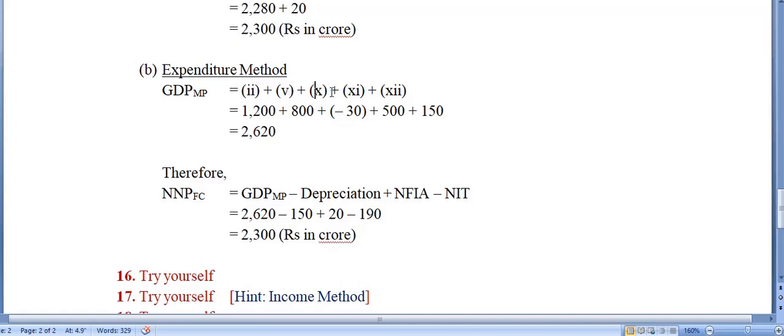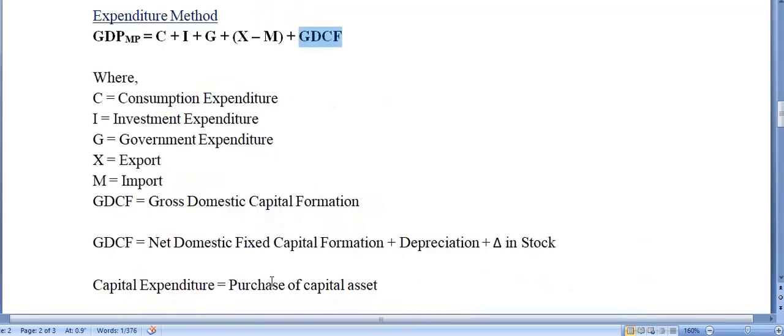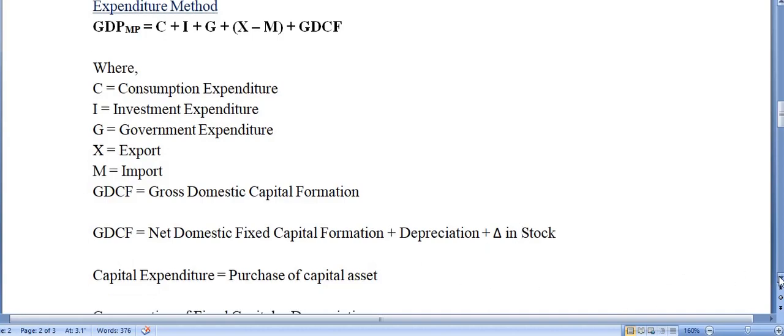Net domestic capital formation: as I was explaining in the video, you need to calculate actually the GDCF, but here you have net domestic capital formation. So if net is given, then you must add depreciation and change in stock. Here in this question you don't have change in stock, so you will add consumption of fixed capital, which is actually your depreciation.